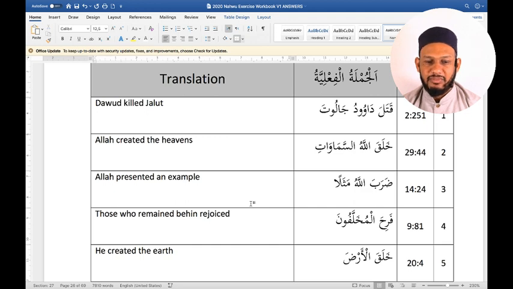It will come all the time. Did any of you actually see a fi'il, fa'il, maf'ulun bihi while you read Quran? I'll be interested to know if you saw one incidentally as you were reading. If you can let me know, inshallah.